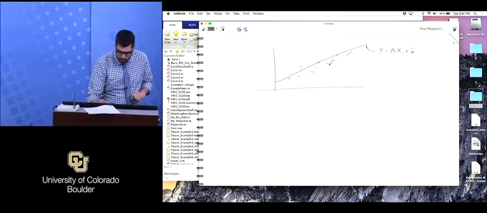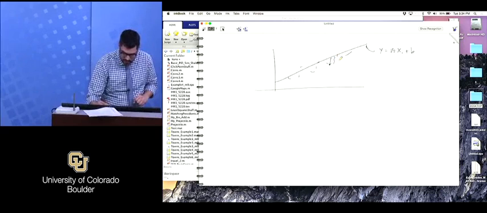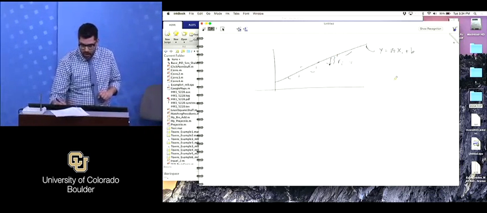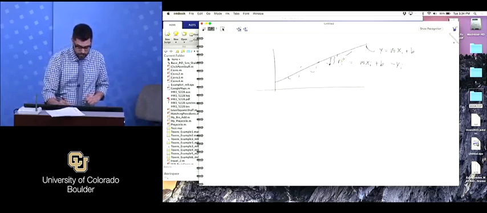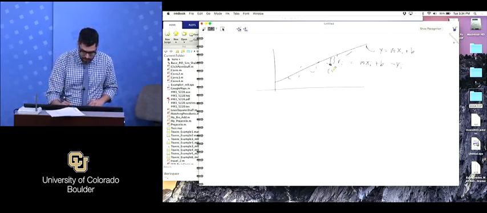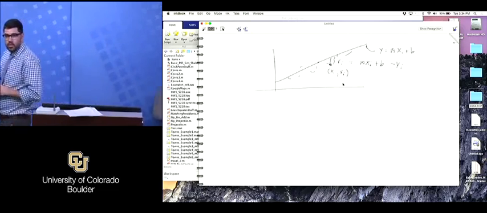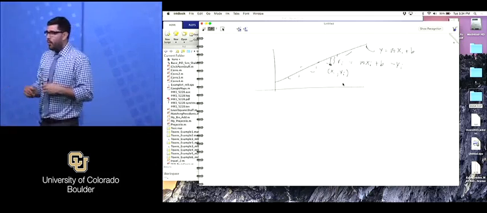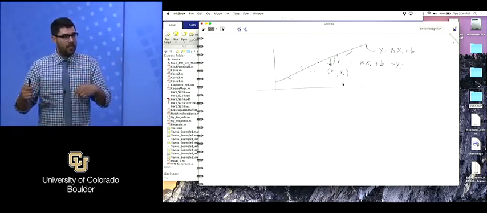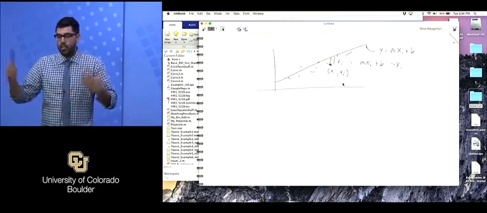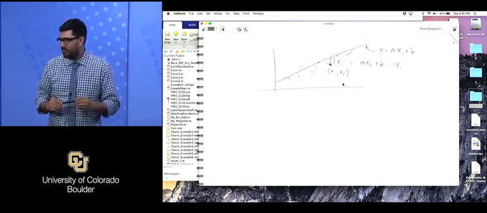So here's a point, and this is the residual r_i, which is equal to m x_i plus b minus y_i. That point is (x_i, y_i). So the residual is the error, right? And what we're trying to do is find a solution that minimizes the sum of the residuals squared. Are we on the same page there?